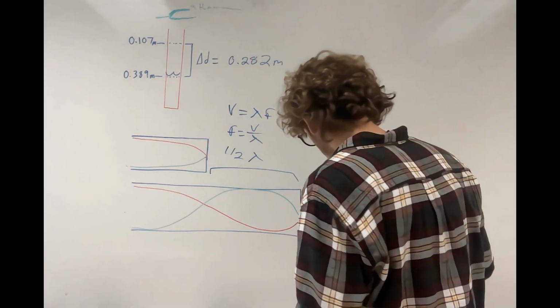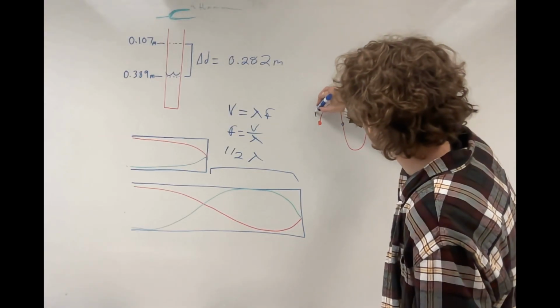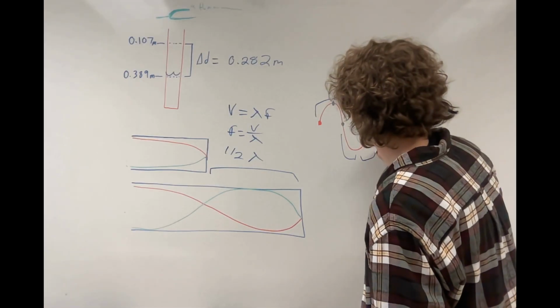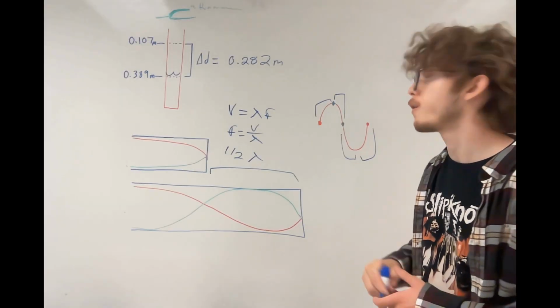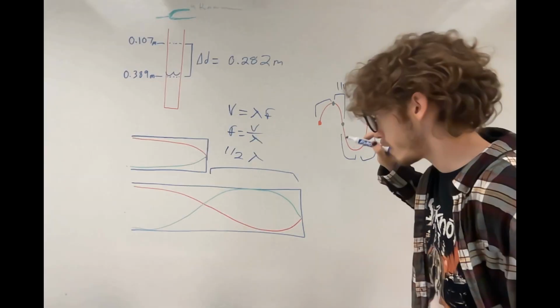So let's think about what this means. We have one section here, one section here, one section here, and one section there. We split this up into 4 different parts, or fourths, so this is 1/4. Our third harmonic, notice it's a little different.